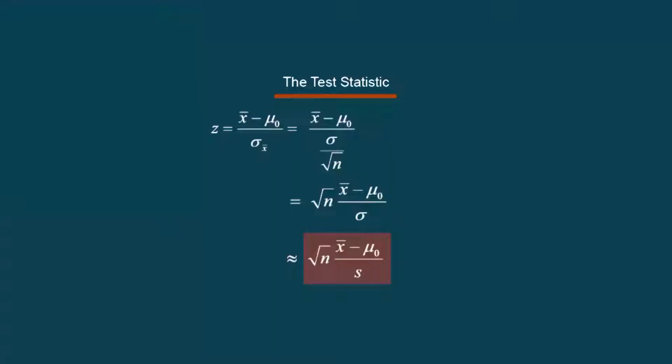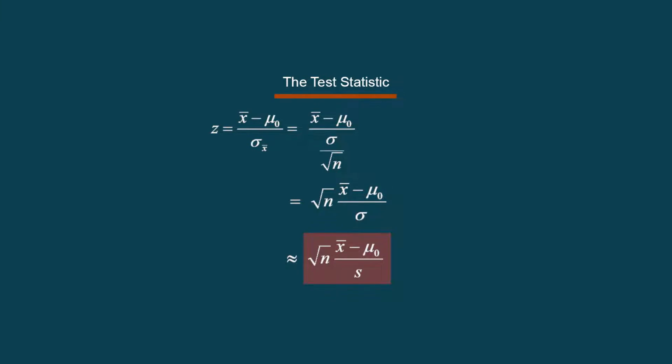So we can see that the population standard deviation is basically unknown. So we go for the sample standard deviation because everything is based on the sample, and we replace sigma by small s. Here s stands for the sample standard deviation.